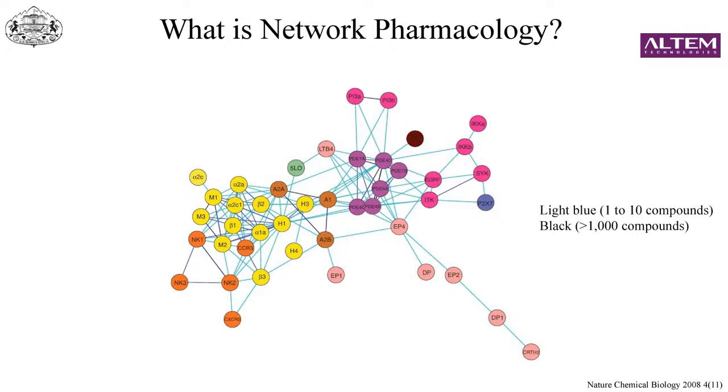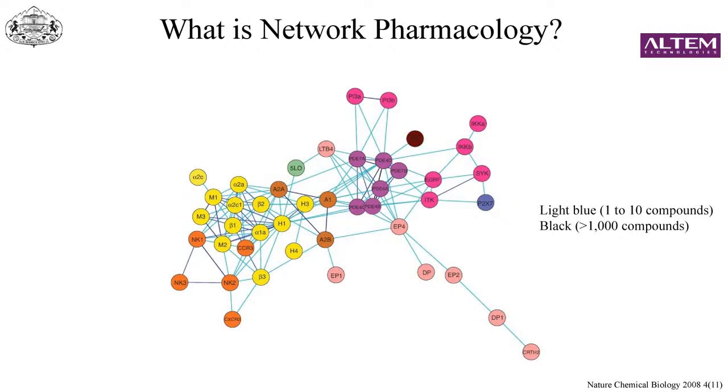This was a really interesting and revolutionary study. This group showed that if you make connections between targets, all the circles that you see on the screen are protein targets which have FDA approved drugs, and the lines that you see are the drugs that connect them.